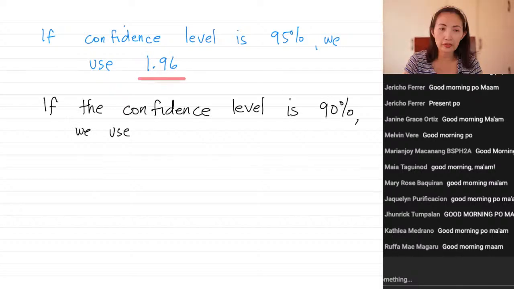If the confidence level is 90%, then we shall use 1.645 from the table.